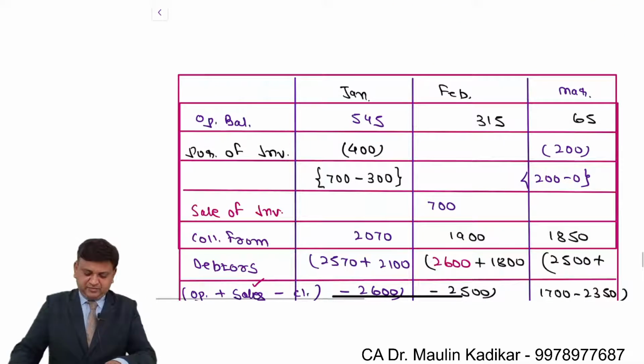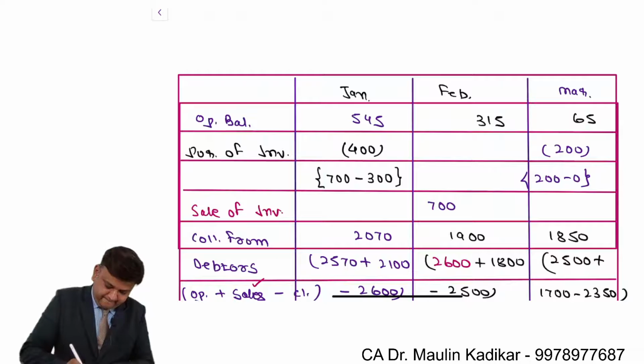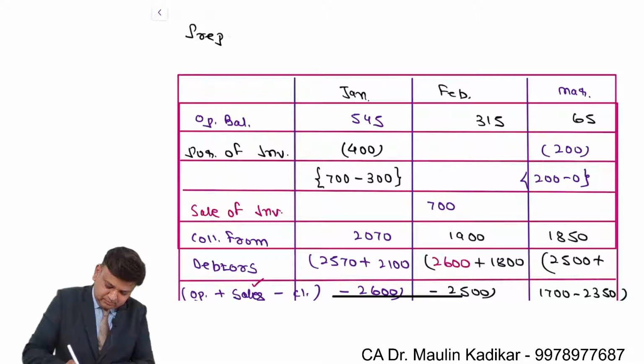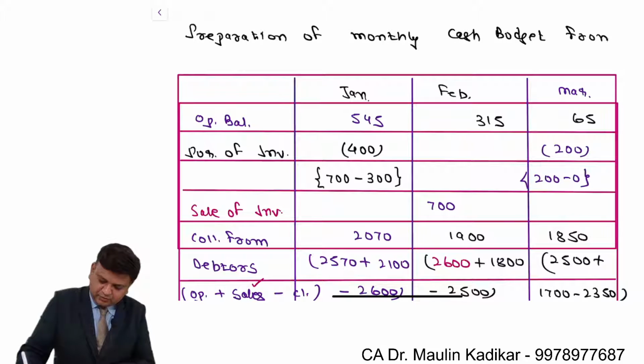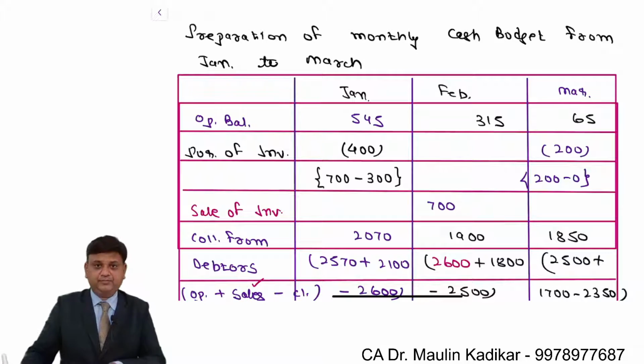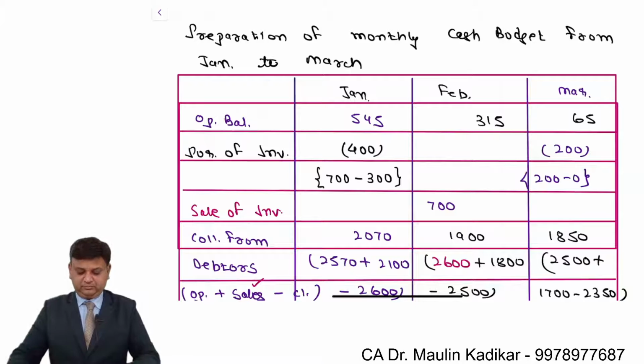I am writing the heading of this: preparation of monthly cash budget from January to March. This is the way we are required to prepare it.